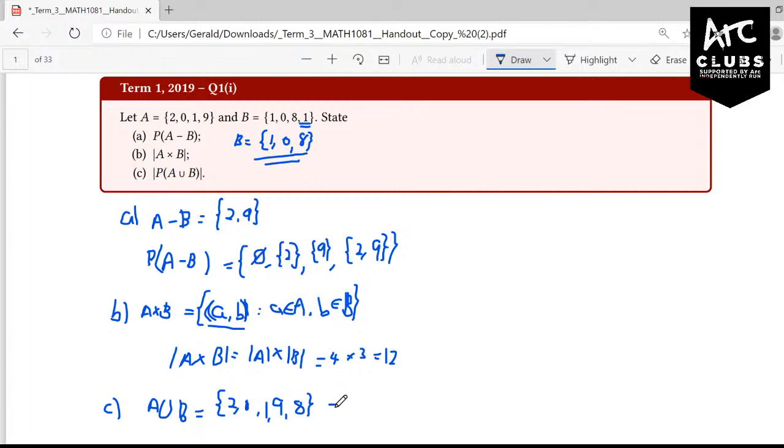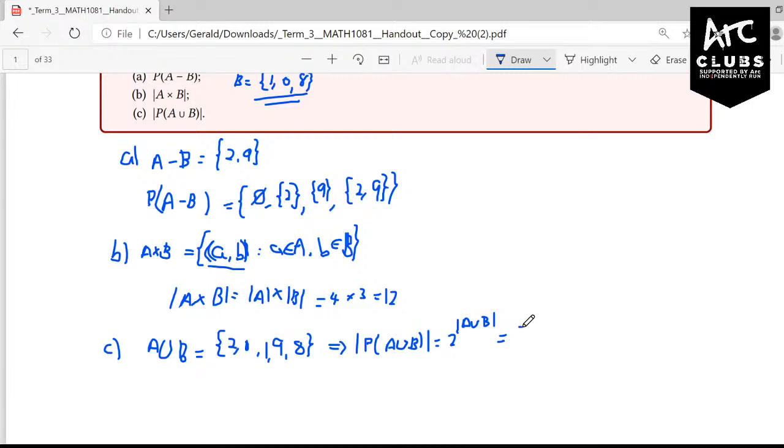And so the cardinality of the power set of A union B, remember, is just 2 to the power of the number of elements in A union B. We can see that there are 5 elements in A union B. So we have 2 to the power of 5, which is 32.